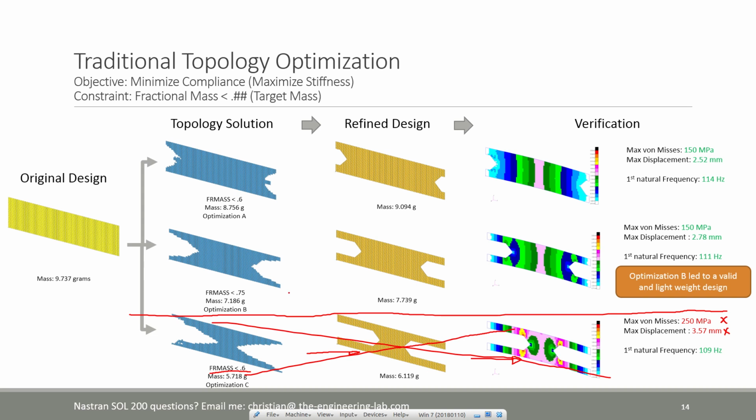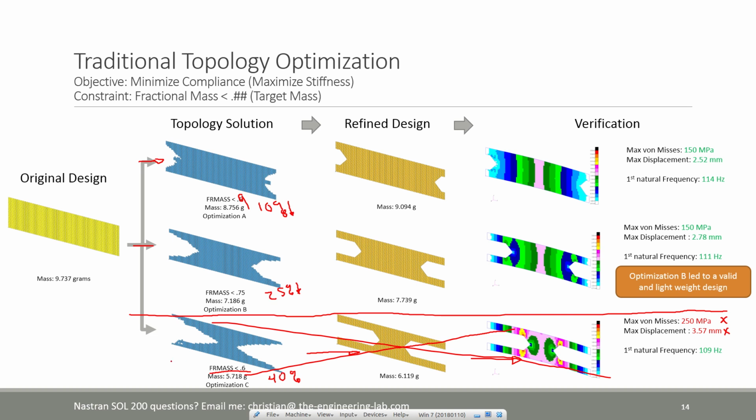With the traditional method, you are to create multiple topology solutions. So here, this should actually be 0.9 here. So this one's targeting a 10% mass reduction. This one's targeting a 25% mass reduction. And then this one was targeting a 40% mass reduction.